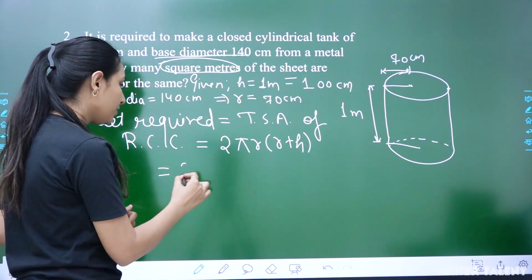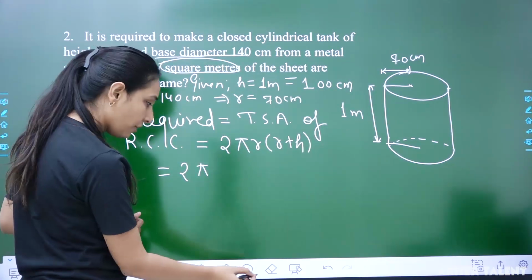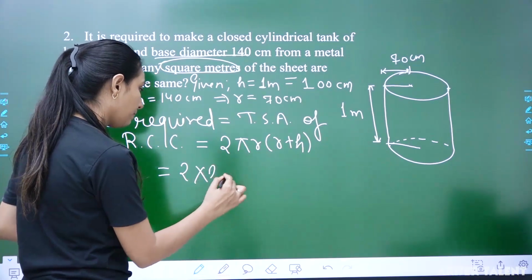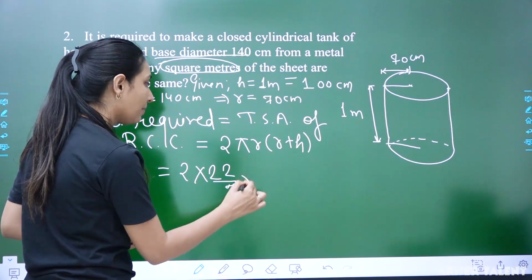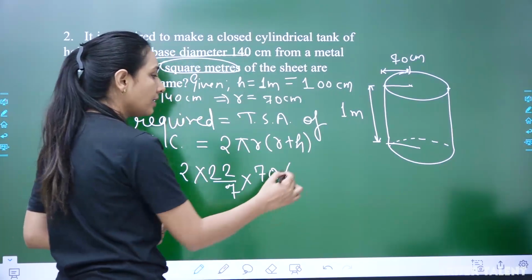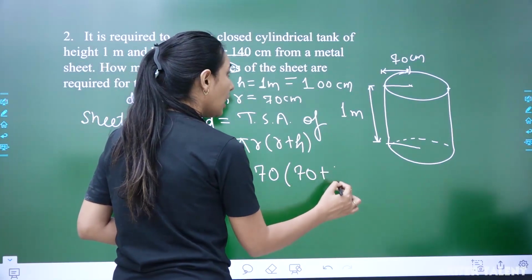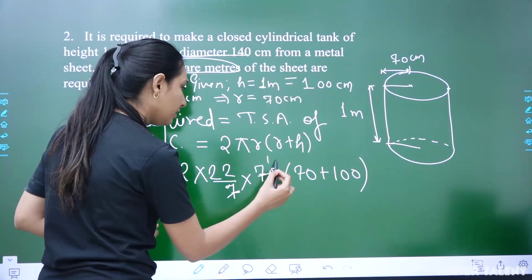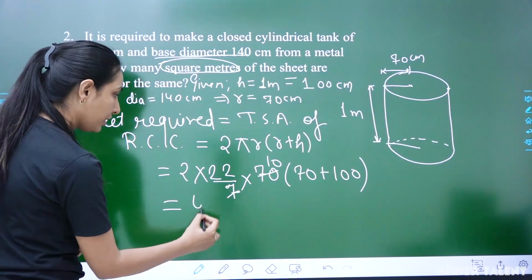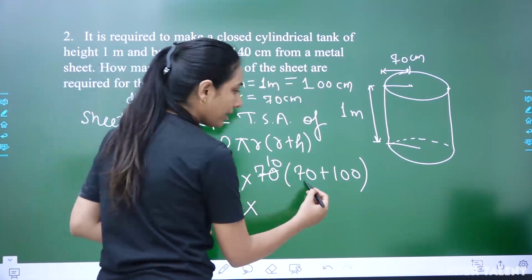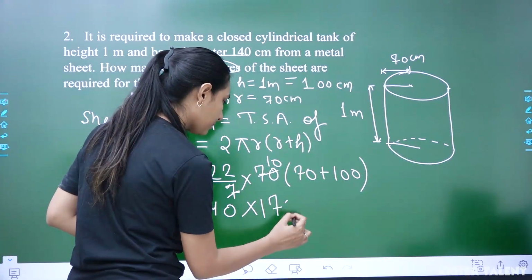So that will be 2 pi. Now the value of pi we will write as 22/7, multiplied by r. Now r is 70, then r plus h. Now r is 70 and h is 100. So that will be 44, and this 0 here, multiplied by this 170.